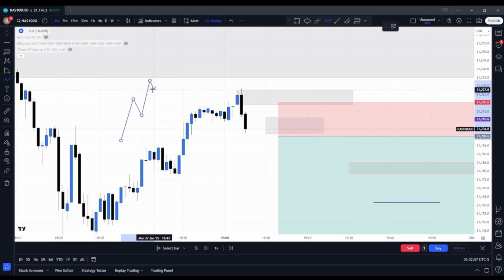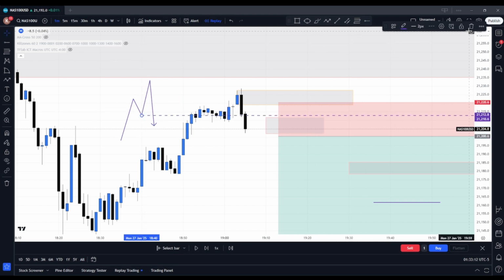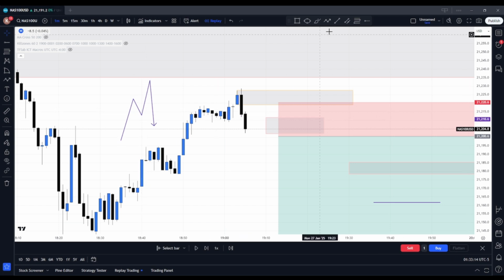Then right after that higher high, I want to see a sharp move breaking that initial higher low. Change in character would be right here. For example, this would be the change in character.